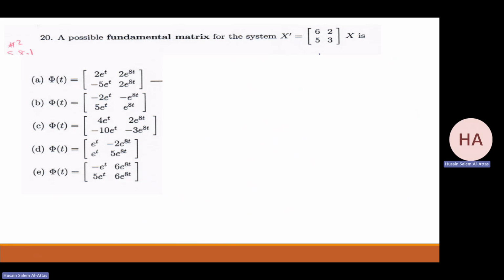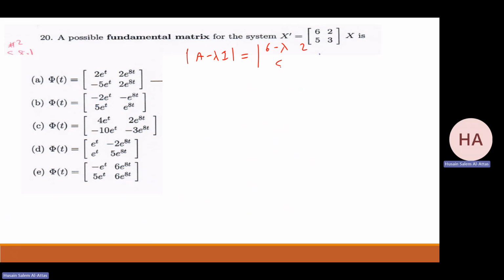Possible fundamental matrix for this system. So it means you need to find Phi, and to solve it, we'll find the fundamental matrix.